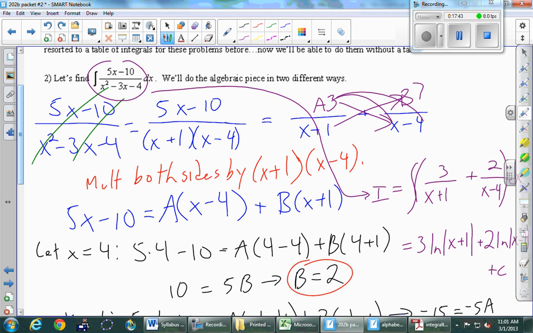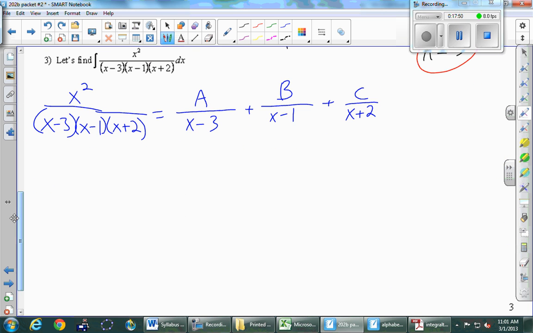No x squareds coming out there. So is there any reason to think there might be x squareds coming from down here? That's right. If we're going to add these fractions up, the LCD is all of this, which means what is this guy missing? Right. That's what it's missing upstairs and downstairs. So yes, you will get some x squareds.